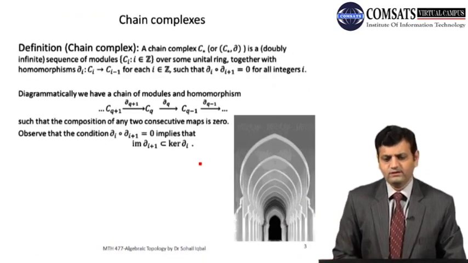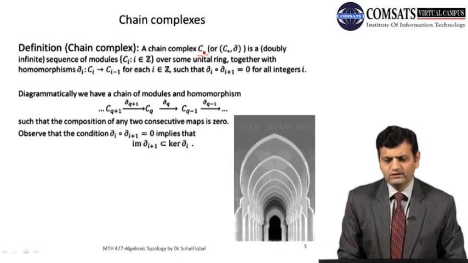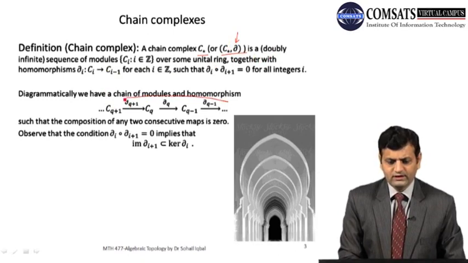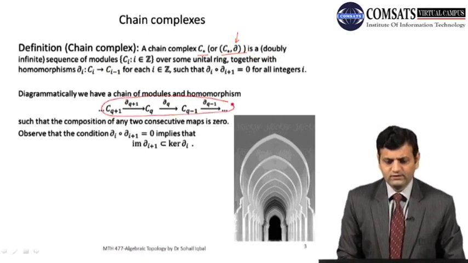Starting from the definition, we usually denote a chain complex with C subscript star, or C star, with this partial sign. This partial sign indicates the kind of mappings between the different objects of C star. So what is this chain complex? It's basically a doubly infinite sequence of modules.